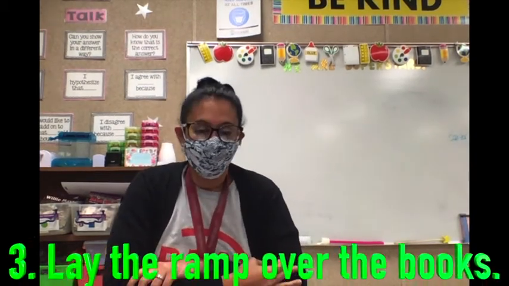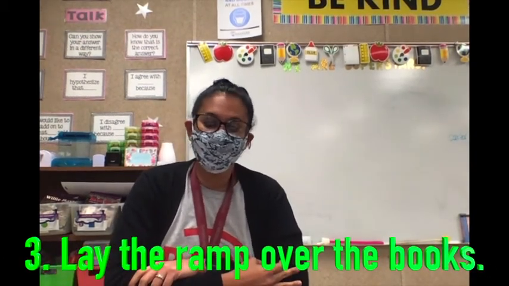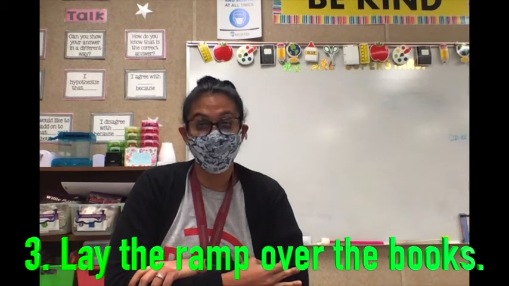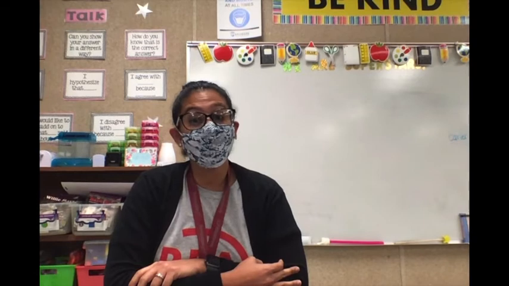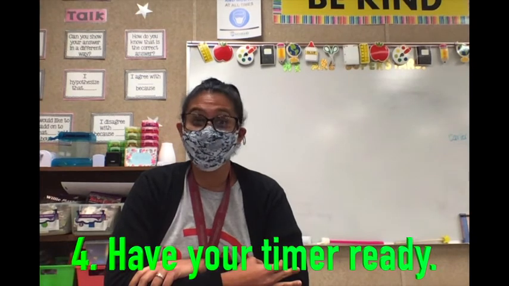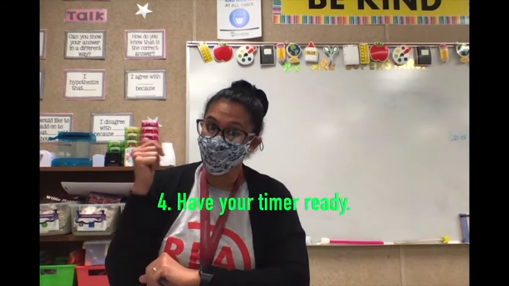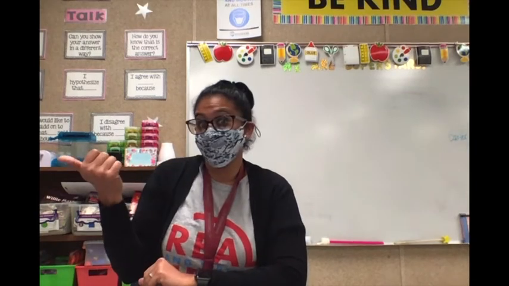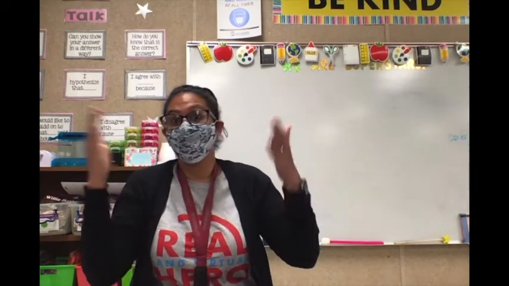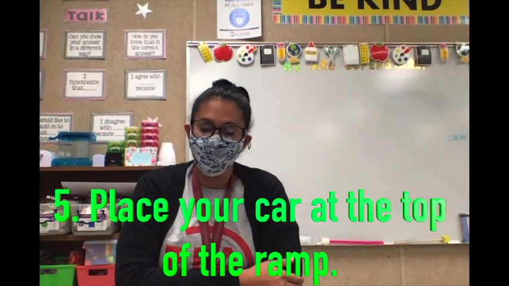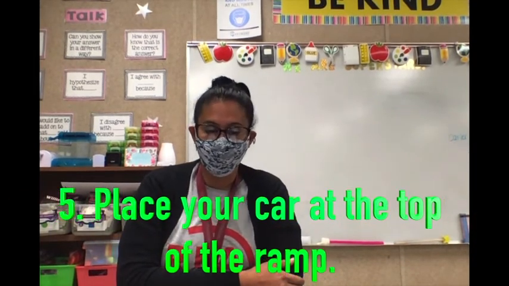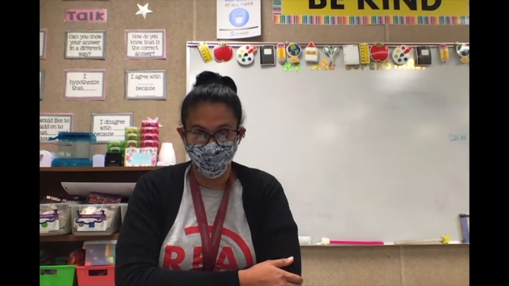Number 3, take your cardboard and diagonally lay the ramp over the books. This will create your ramp. Number 4, have your timer ready. Now remember, get that timer ready. It could be your cell phone too, or your tablet, whatever you have at home. Number 5, place your toy car or item being tested at the top of your ramp.